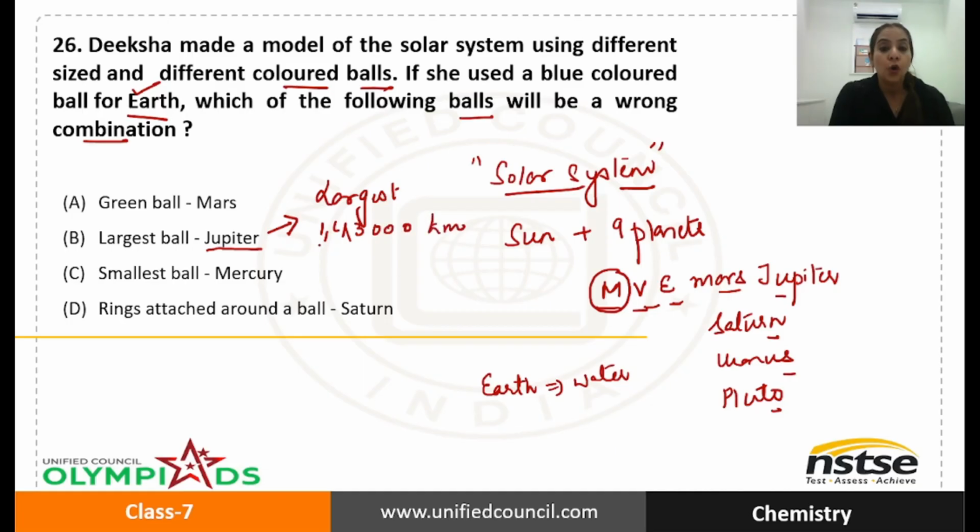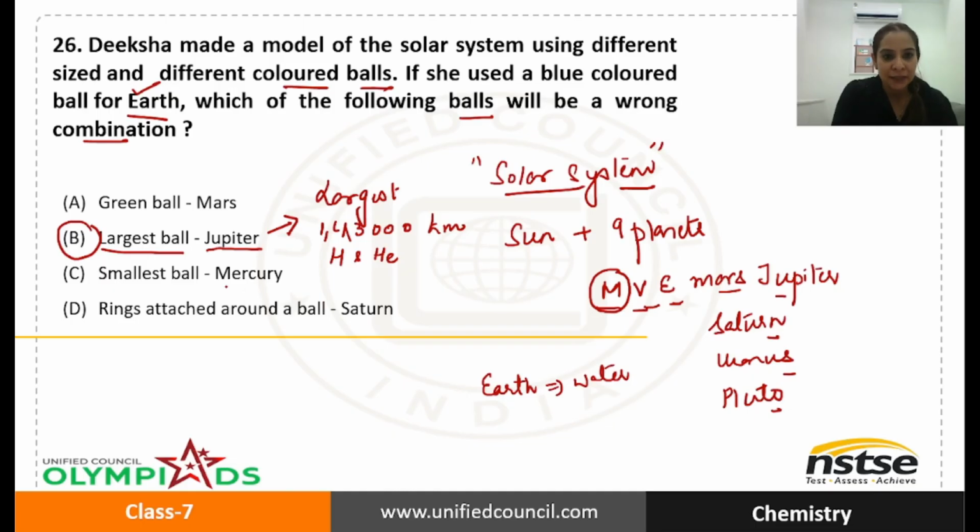Okay, and also let me tell you it has got an atmosphere which is made up of hydrogen and helium. So she used largest ball, so that means this one is correctly true. She has done justice in representing Jupiter.